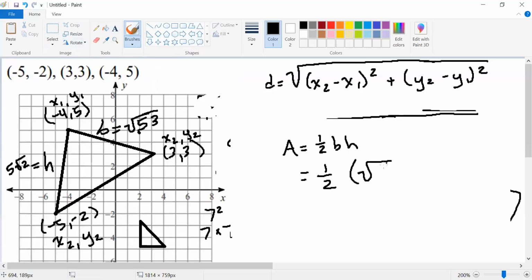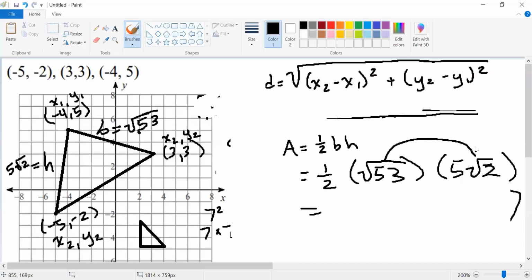My base was square root of 53 times 5 square root of 2. So with this one, approach it as if you are multiplying like terms. This square root of 53, I'll only multiply with the square root of 2. And this 1/2, I'll only multiply with a number that's not in a square root, which is 5. So 1/2 of 5 is 2.5.